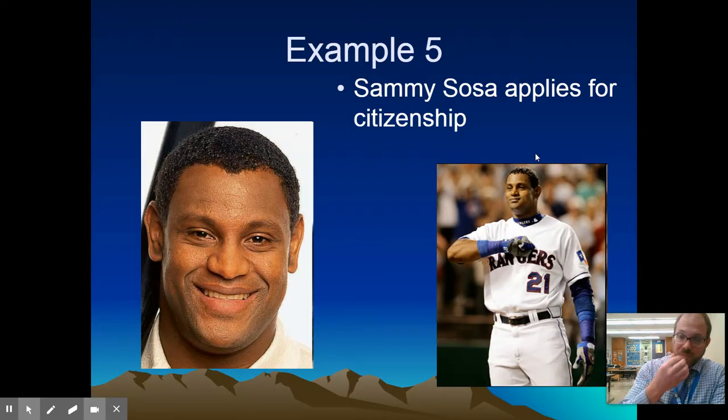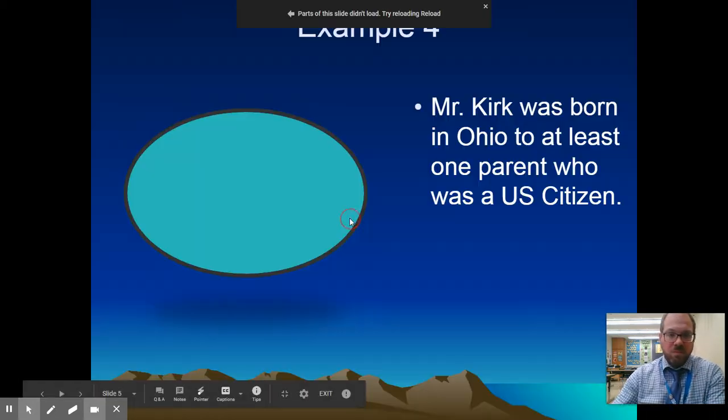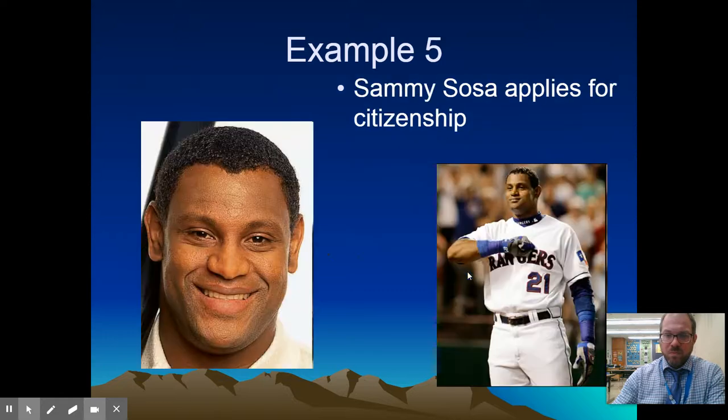Sammy Sosa, a Major League Baseball player for the Rangers, became a citizen or applies for citizenship. Would that be birth or naturalization? That one's naturalization because he applies.